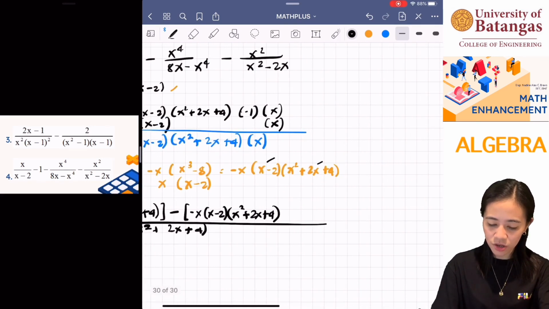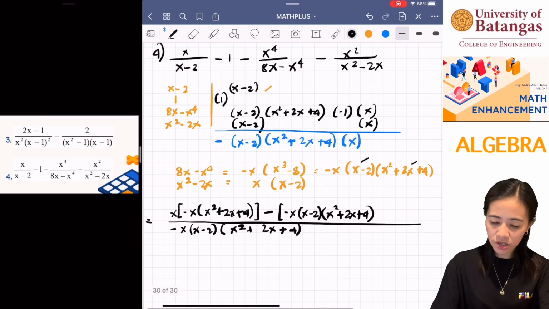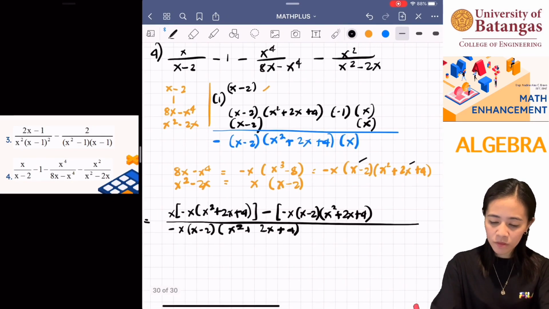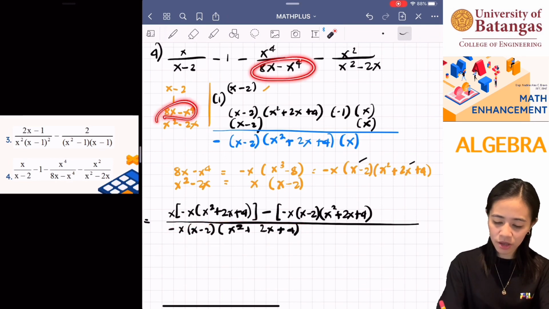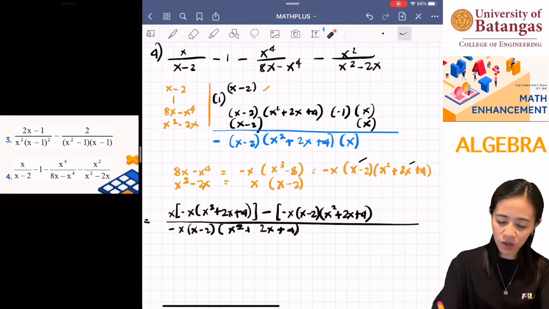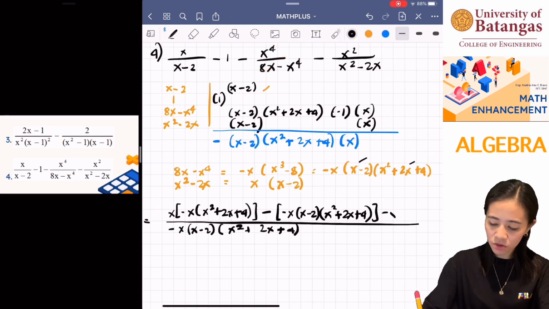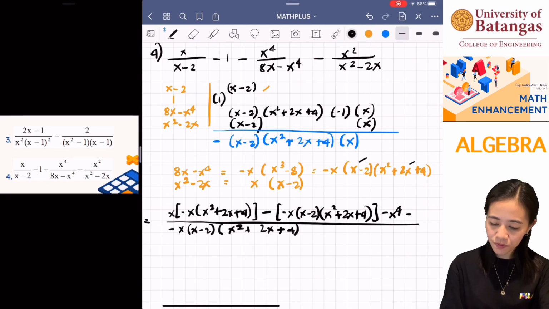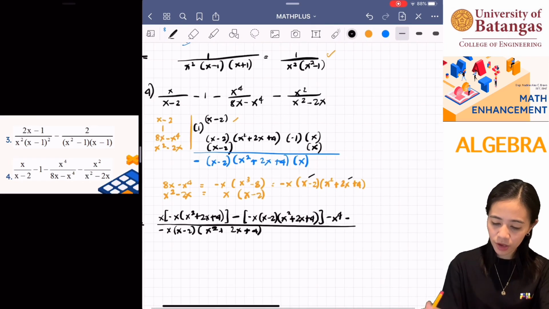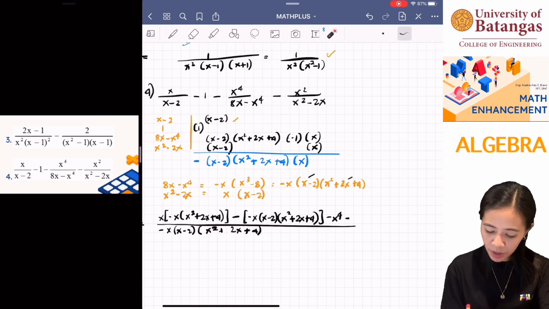The third fraction. So, the third fraction is itself, diba? Kasi, same denominator to eh. Ito yung expanded form niya eh. So, ibig sabihin, kokopyahin lang natin to, which means you'll have a negative x to the fourth, okay, minus, okay, this denominator to be divided by this, diba?